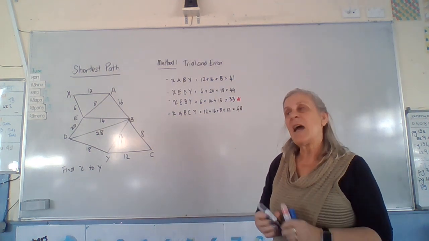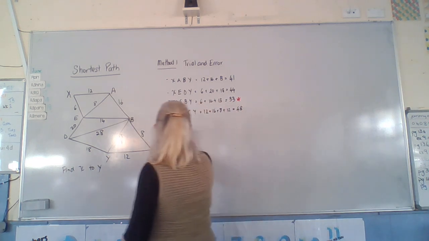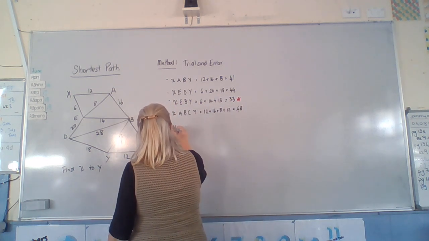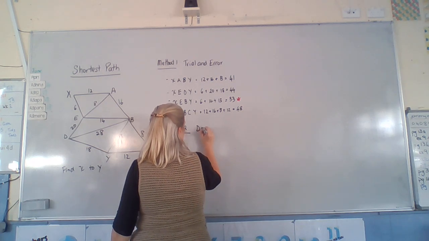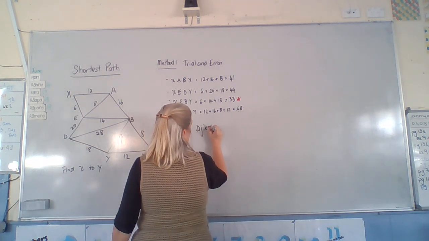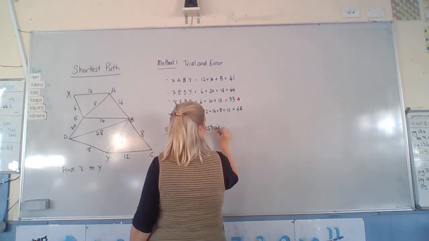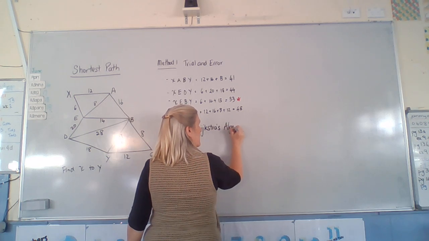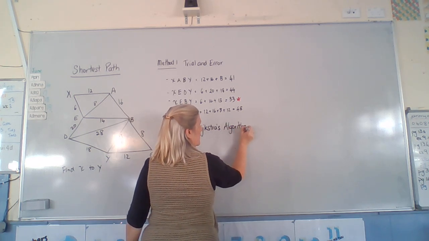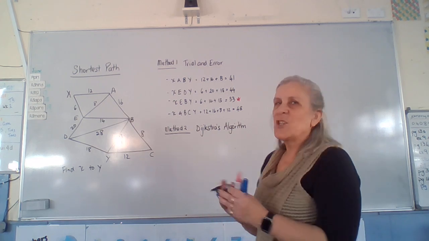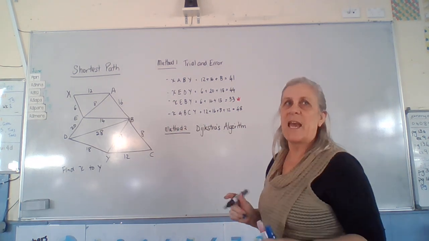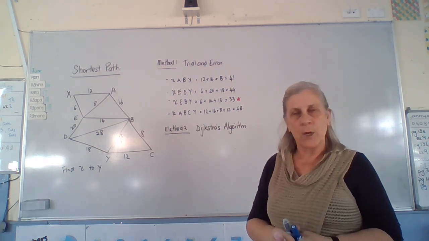All right, our second method, method 2, is called Dijkstra's method, algorithm. What this does is it means that we actually travel multiple paths at the same time, adding up as we go.